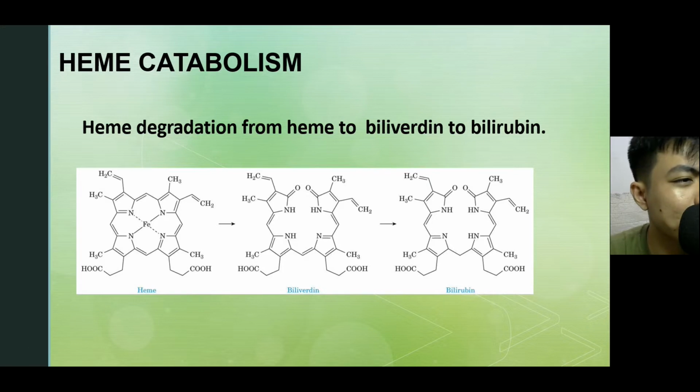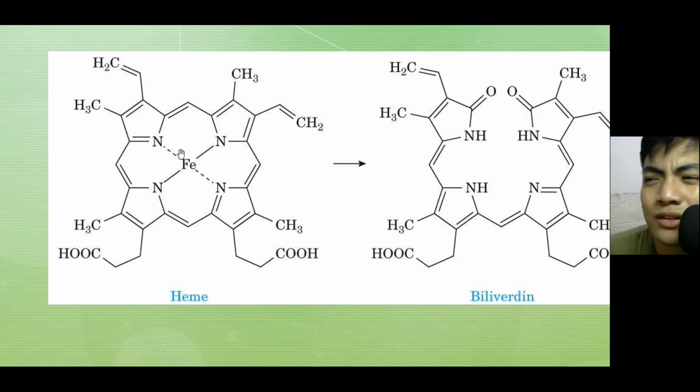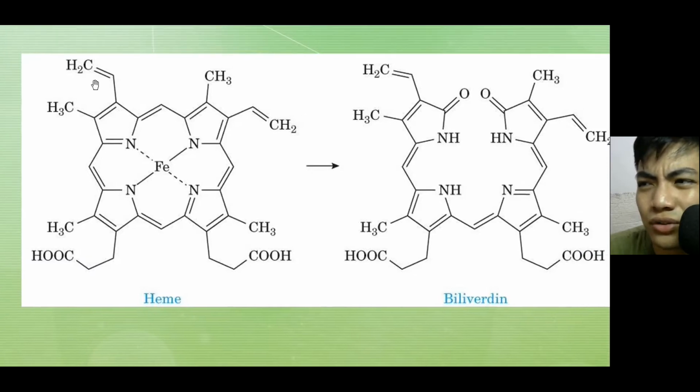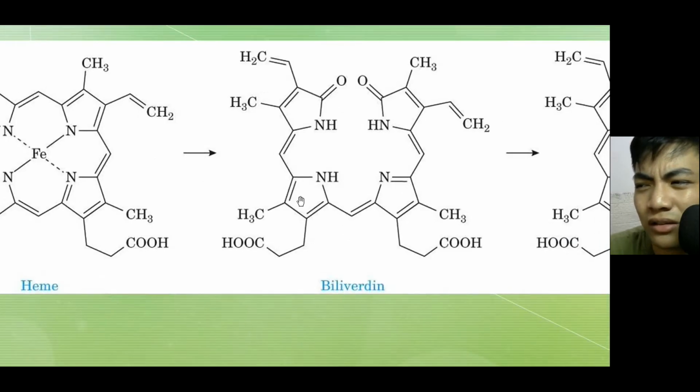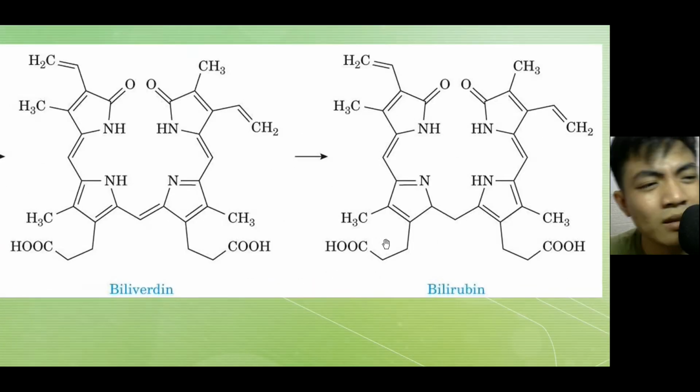Okay, so this is the heme, here is where the iron attaches, and the iron is what picks up oxygen and CO2. Okay? So what happens, the iron is cut off and attaches to ferritin, and then the remaining structure, the biliverdin, can be converted into bilirubin.